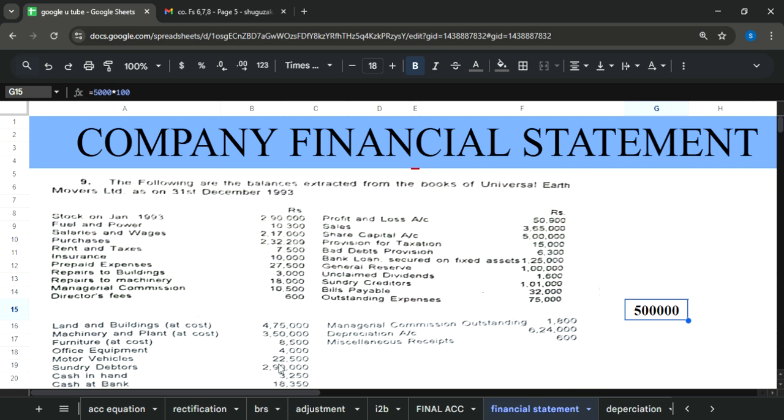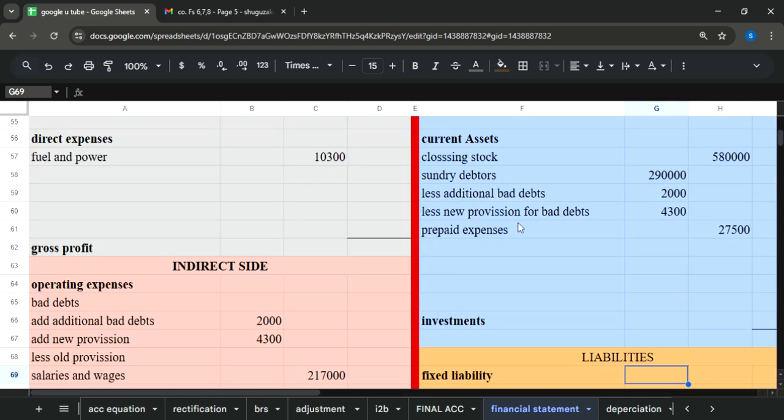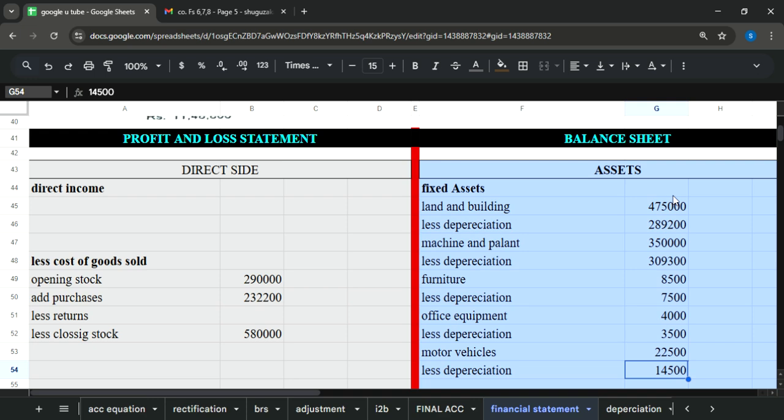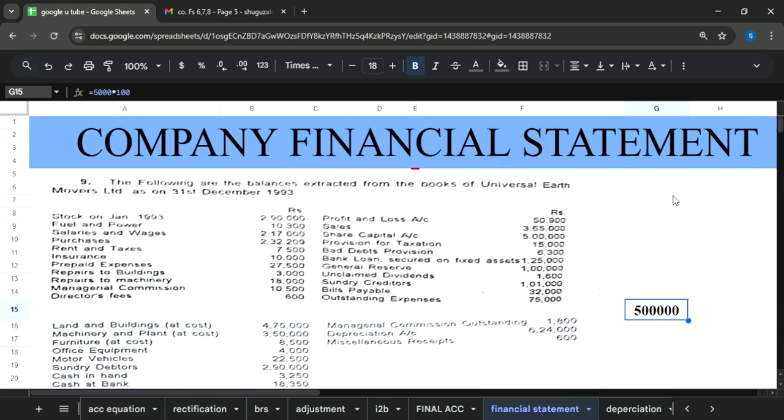That's little strange. 1 2 3 4 5 6. Alright, sundry debtors 290,000. Why I was confirming? Because only 2,000 were bad debts. Huge amount of debtors and just 2,000 of rupees are bad, but it's okay. Whatever is given to us, we are following.